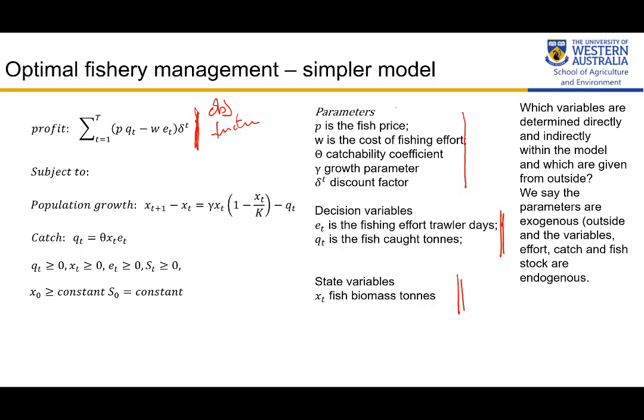Now all the parameters we say are exogenous, because they're determined outside the model and are given and fixed. The decision variables are endogenous, and the state variable, because it's determined by the decision variables, is also endogenous.